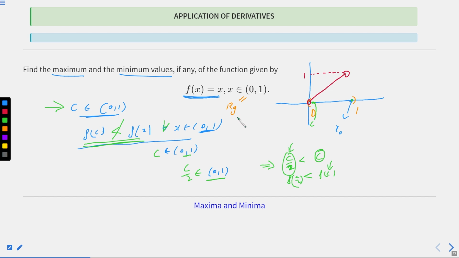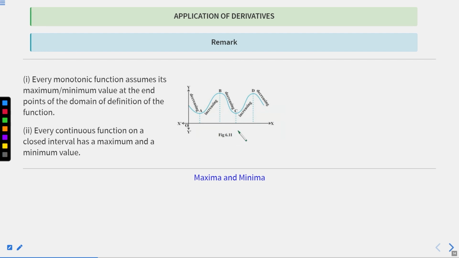Now let us move next. Every monotonic function assumes its maximum and minimum value at the end points of the domain of definition of the function. What it means is, if my function is monotonic, meaning increasing or decreasing, then it assumes maximum or minimum at the end points of the domain.